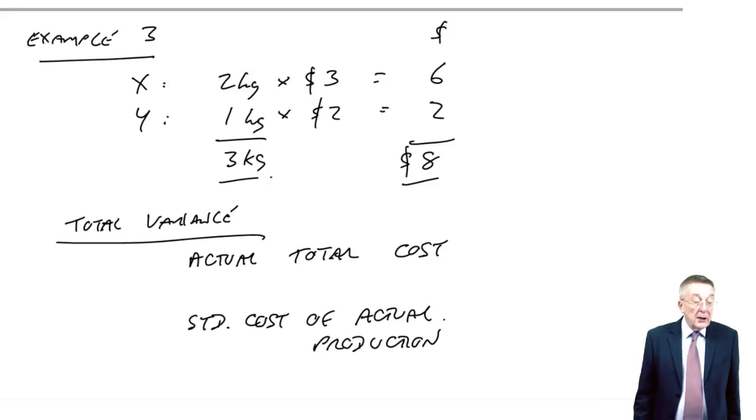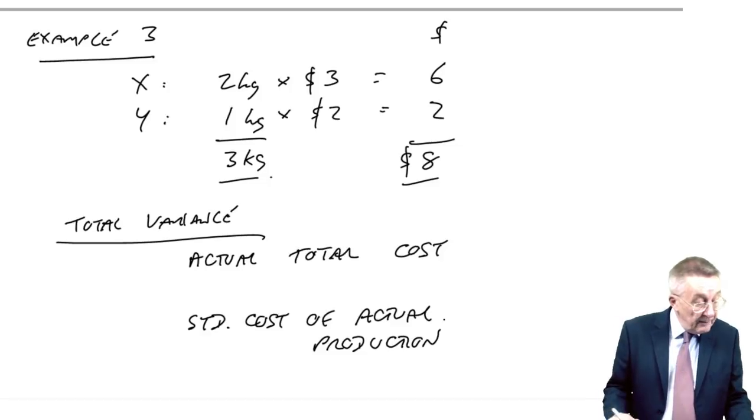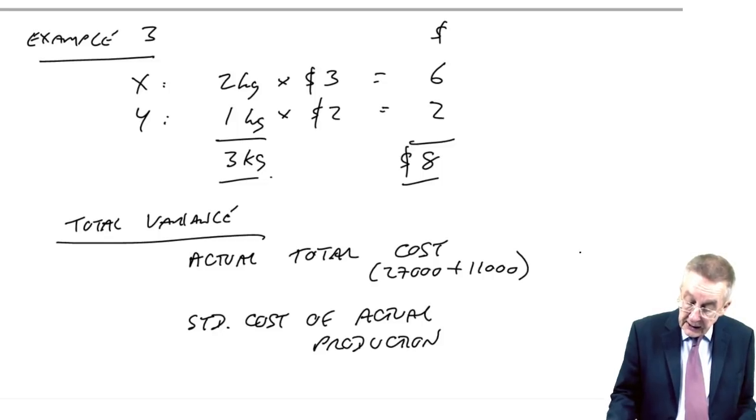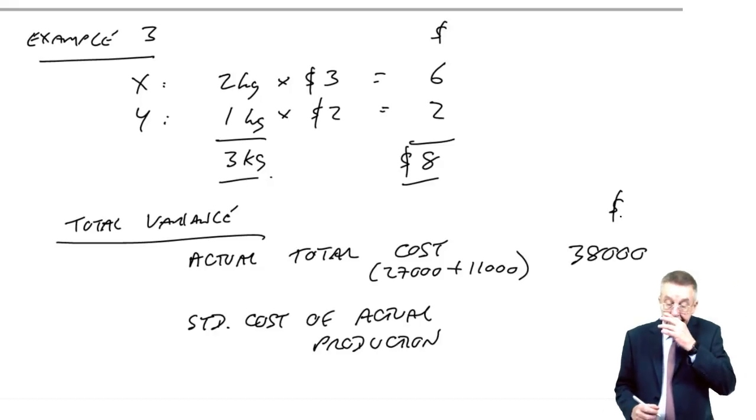So what was the actual total cost? Whatever happened, how much did we spend in total? We bought X and Y, 27,000 plus 11. We actually spent 38,000.